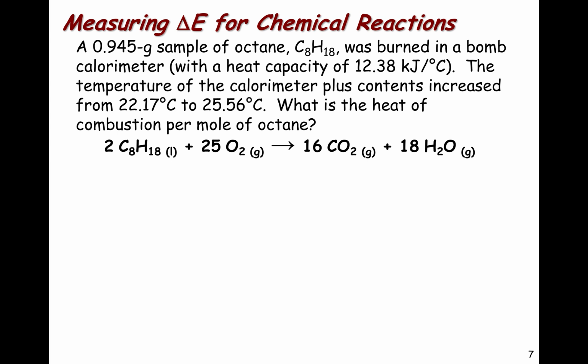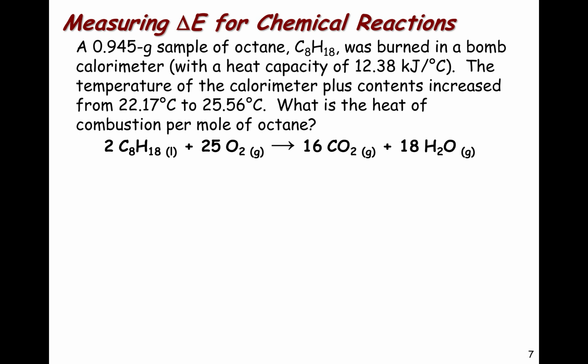The temperature of the calorimeter plus contents increased from 22.17 degrees Celsius to 25.56 degrees Celsius. So this is heat going into the surroundings from the reaction. This must be an exothermic process. Ultimately, we expect that our delta E and ultimately delta H will be a negative value.